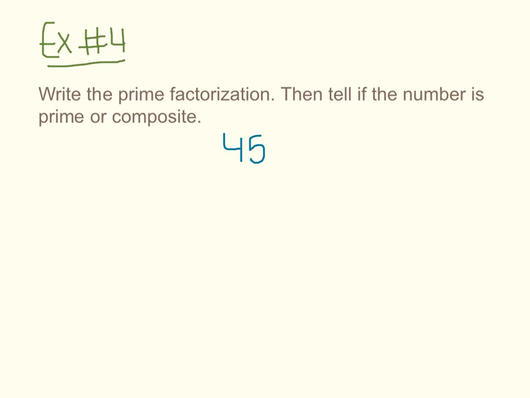And our last example, we have 45, and I know that 45 can be divided evenly by 5. So 5 times 9 equals 45. Now, 5 can't be broken down by anything other than 5 times 1. 9 can be broken down into 3 and 3. 3 times 3.